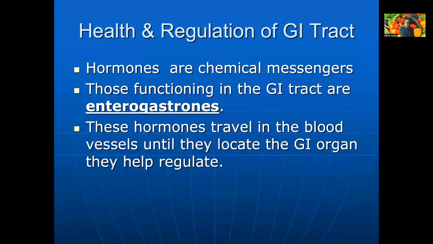So hormones, we know those are those sort of chemical messengers, because we talked about them briefly when we talked about the endocrine system. The ones that are functioning within the GI tract are known as enterogastrones, and they travel in the blood until they get to their target GI organ that they regulate.